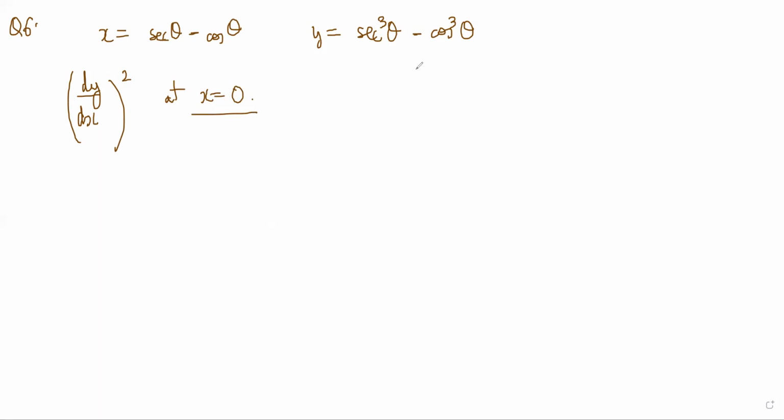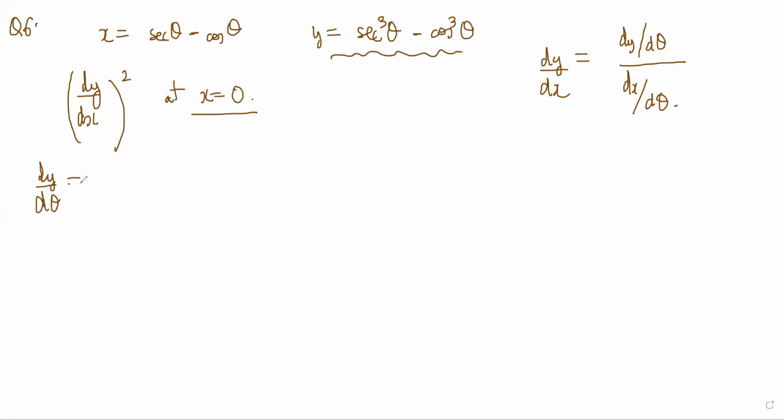So let's try to find out dy by dx in the normal method where you have to do dy by d theta divided by dx by d theta, right? So what is dy by d theta here? We have to differentiate this with respect to theta. So dy by d theta would be 3 sec square theta, and sec theta differentiation will be sec theta tan theta, minus 3 cos square theta, and cos theta would be minus sine theta, right?